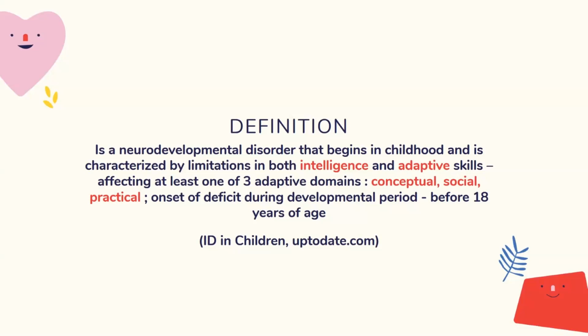Intellectual disability is a neurodevelopmental disorder that begins in childhood, with deficits in intelligence and adaptive skills, affecting at least one of the three adaptive domains: conceptual, social, practical. The onset of deficit during the developmental period is before 18 years of age.